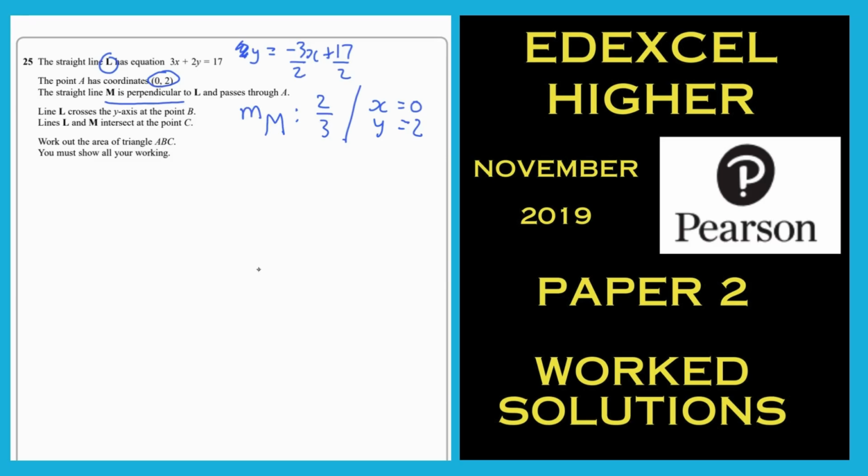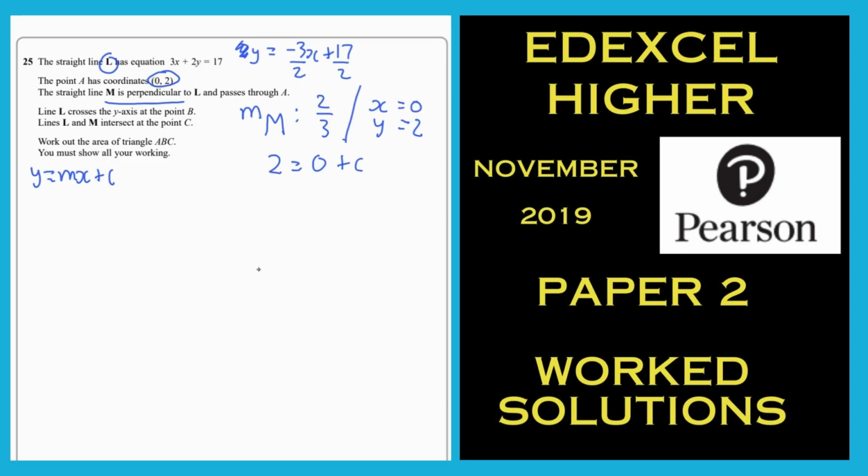Let's look at our good old friend y equals mx plus c. Let's sub in everything we know. Y is 2, x is 0, so that disappears. Whoops.